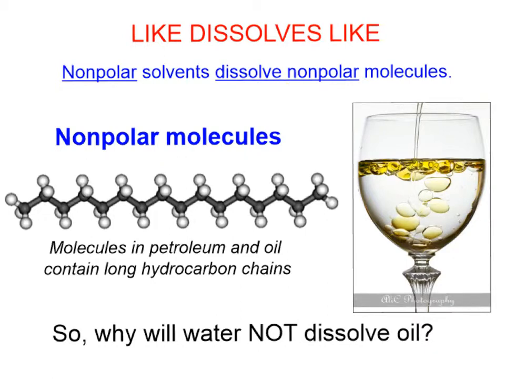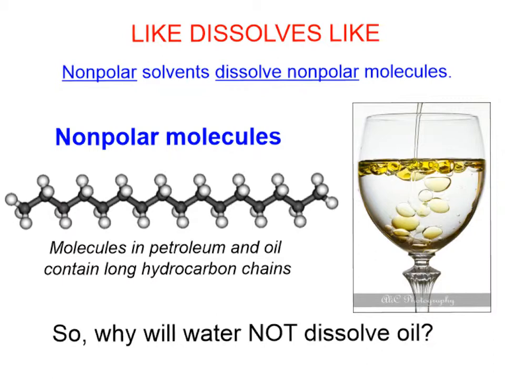Remember, like dissolves like. Some examples of non-polar molecules would be these long hydrocarbon chains. In this chain, these dark atoms here are carbons. The light atoms right here are hydrogens.